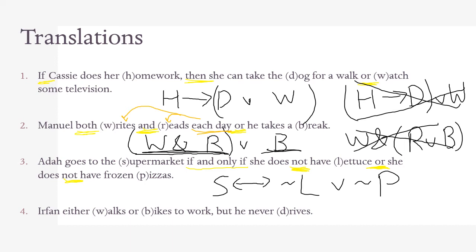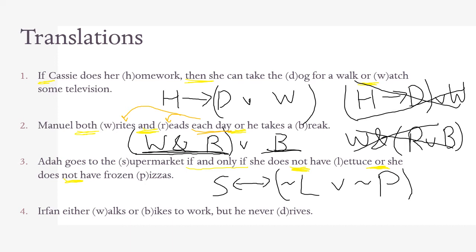And it doesn't matter which side, either happens. So how do we want to symbolize this? We can symbolize it in one of 2 ways. We can symbolize it like this, or like this.